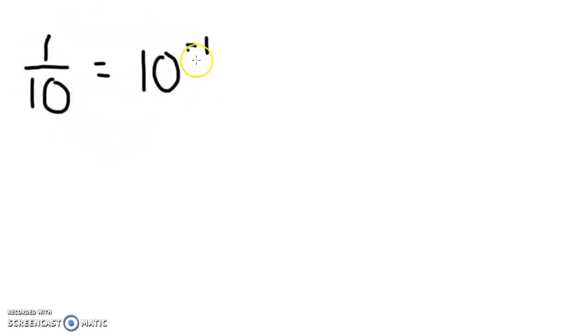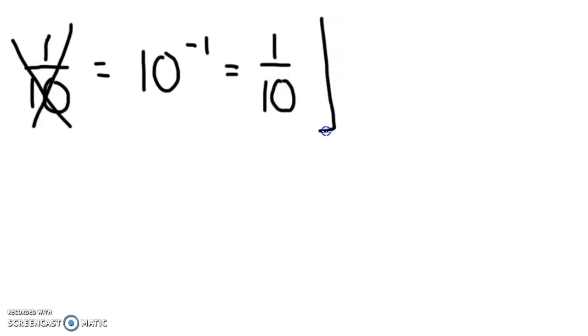This is a little bit backwards from how you're used to seeing it. Typically we have something with our exponent and then equals something else. So I'm just going to rewrite this 1/10 right over here, and you can start with this right here.